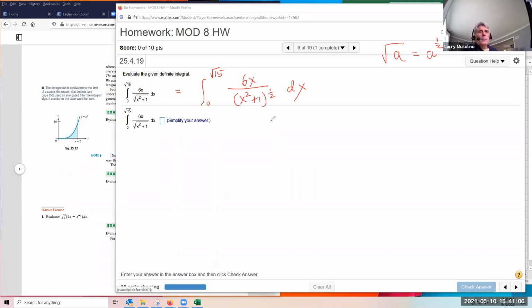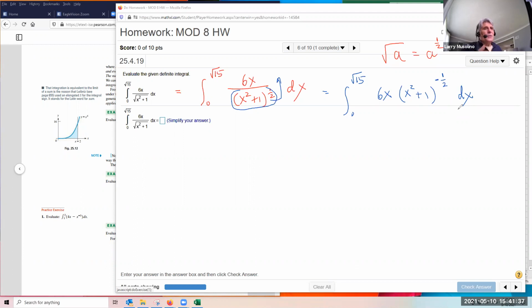All right, but I'm going to do one more step because when I go to use the power rule, I don't want the exponent down in the denominator. So let me take this expression in the denominator and move it up to the top. When I do that, remember it flips the sign of the exponent. So we're going to have 6x times (x squared plus 1) to the negative 1/2. By moving that parenthesis from the denominator up to the numerator, it changes the sign of the exponent.